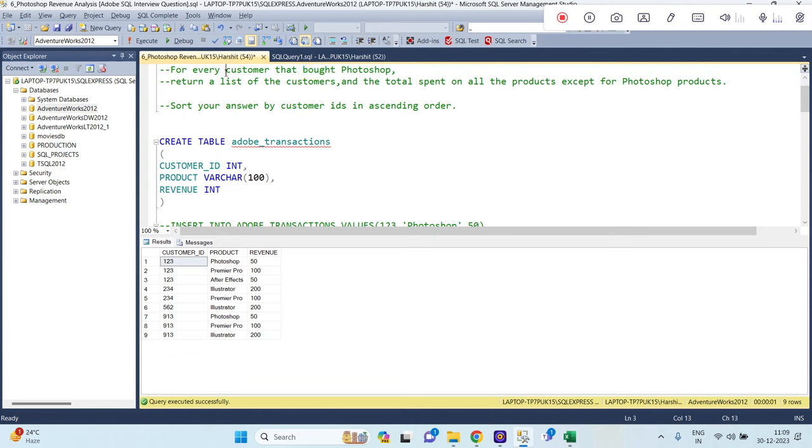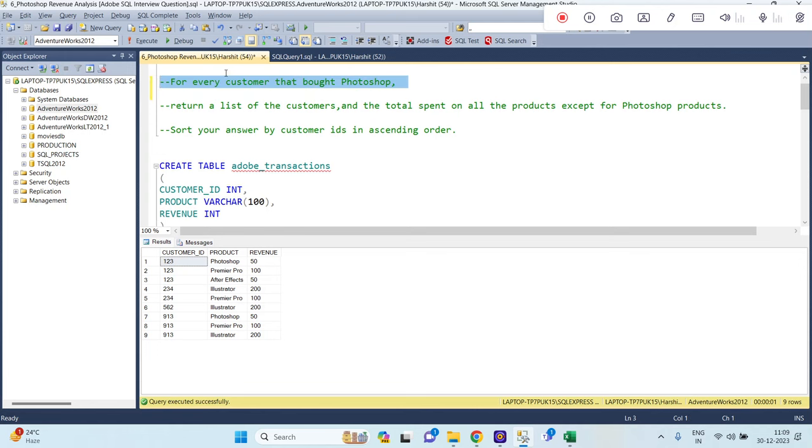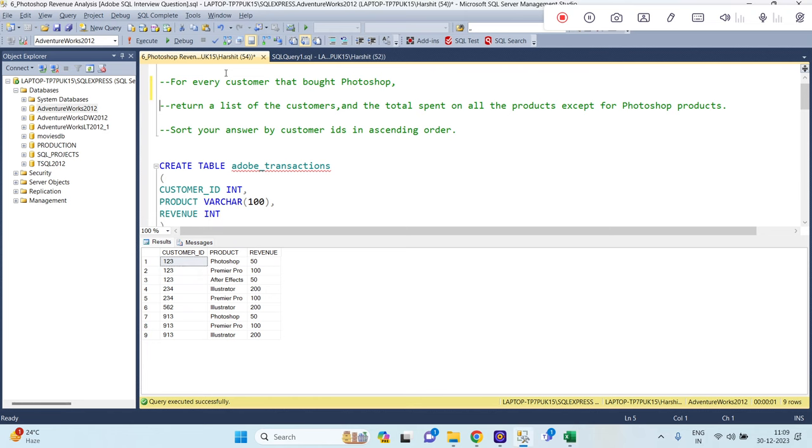We require, for every customer that bought Photoshop, right? For every customer that bought Photoshop, return a list of customers and total spent on all the products except for Photoshop products. No, no, read these two lines carefully.